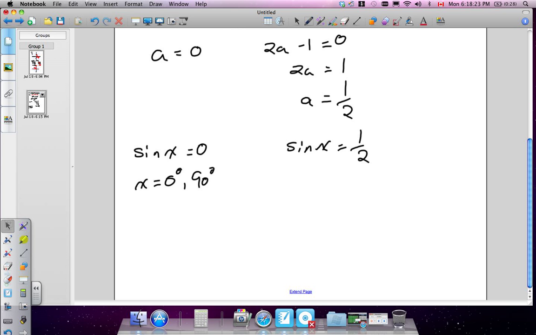In this one, what you can do is bring sine to the other side. So we have x is equal to sine inverse of a half. And you can just plug that in to solve for x, and it'll give us at least 30 degrees. 30 degrees? Yeah, it should only give us one value, because in this question, it's between 0 and 360.